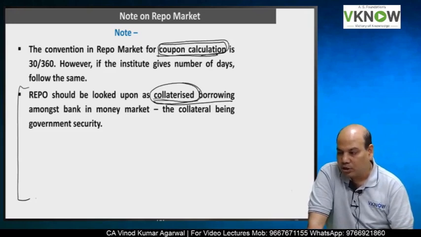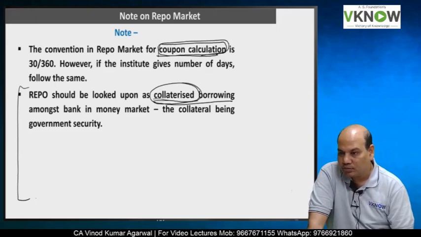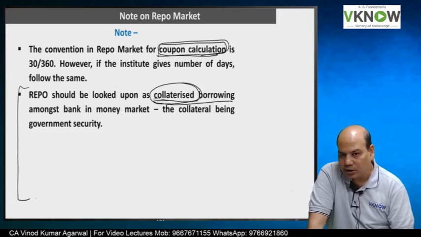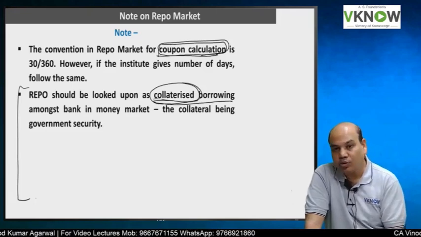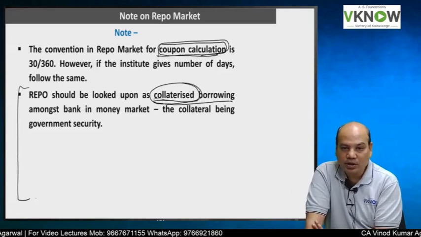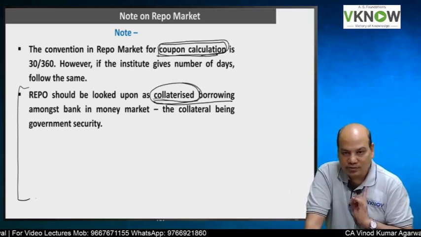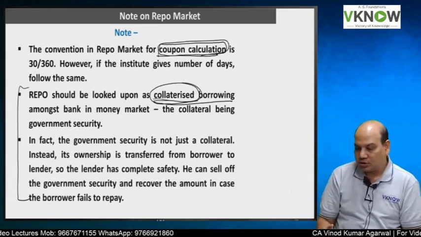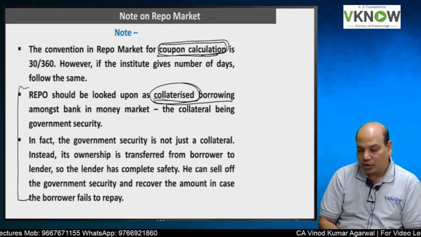The collateral being government security. One party borrows money from the other party by giving government security as collateral. It is not just giving collateral, you are selling that security to the other party with a promise to repurchase it. You must write this in the exam for a theory question.